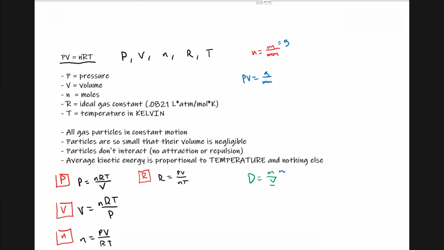So PV equals grams over molar mass times R times T. And to make this a little bit easier to work with, we could just throw everything on top: GRT over molar mass. And you'll notice now we have things that we can work with.